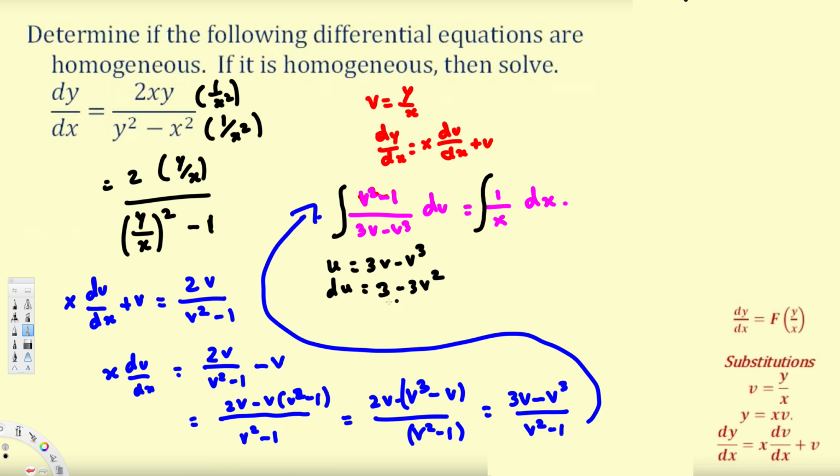And here what we can do is factor this: if we take negative 3 common, this is going to be v square minus 1. And if I move this negative, this is also dv right here.